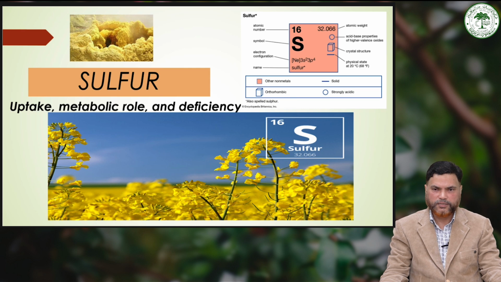So, like other essential nutrients, sulfur also serves pivotal functions in plants, which we will discuss in the coming part of the lecture. Now, in what form is this sulfur taken up by the plant? The main source of sulfur is basically sulfate, which is taken up by the roots.